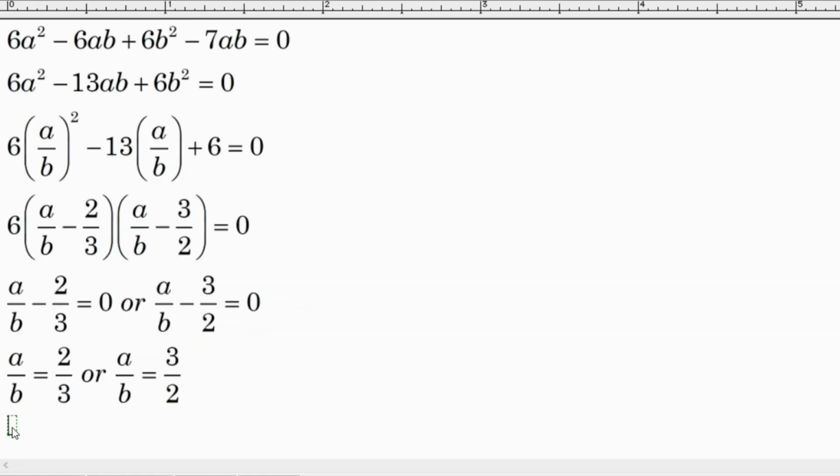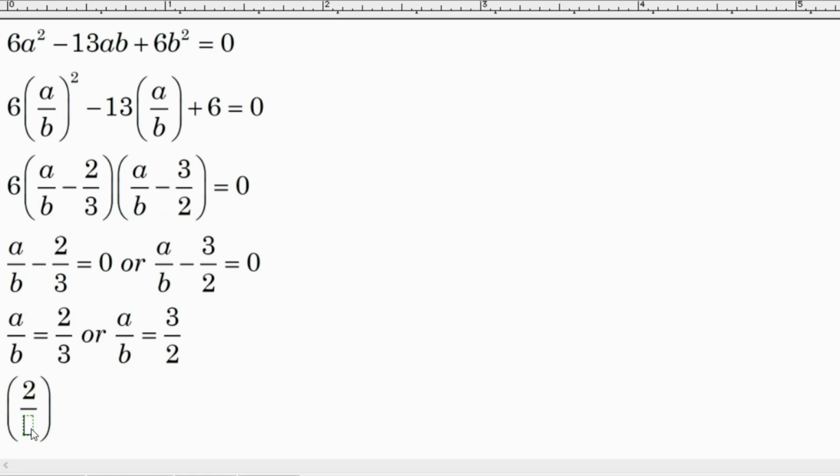So then a over b, which is 2 over 3 to the power x, is equal to 2 over 3. Equivalently, as we can see, we have the same base, 2 over 3, which means it can be written as 2 over 3 to the power 1. Then x is also equal to 1 here.